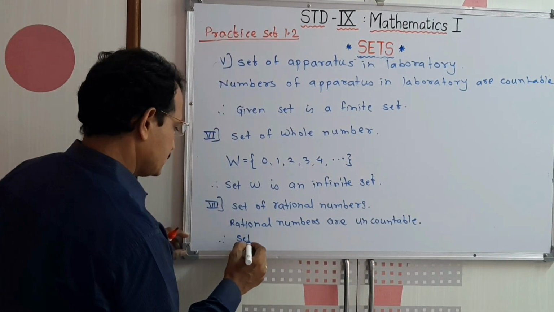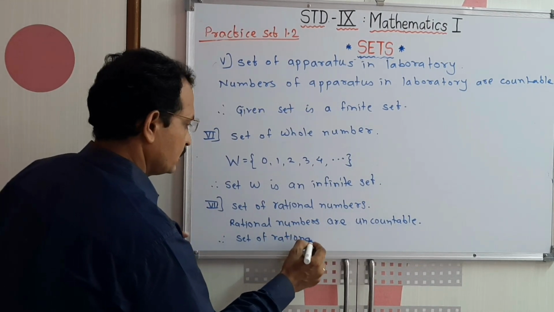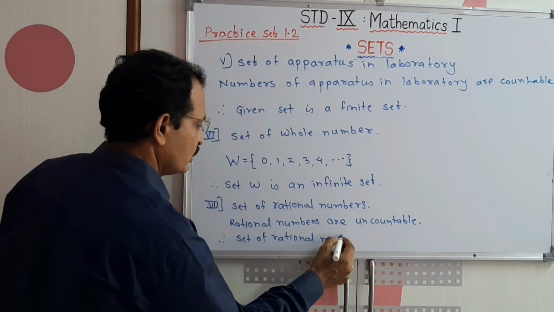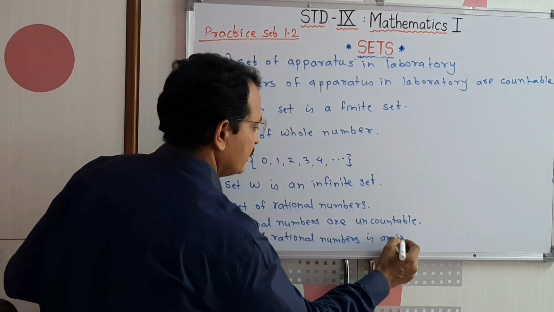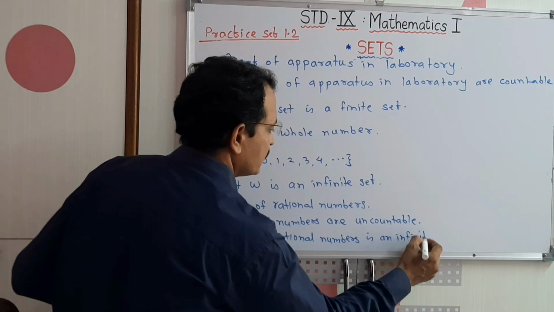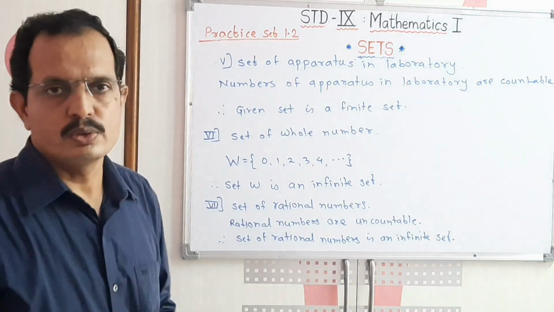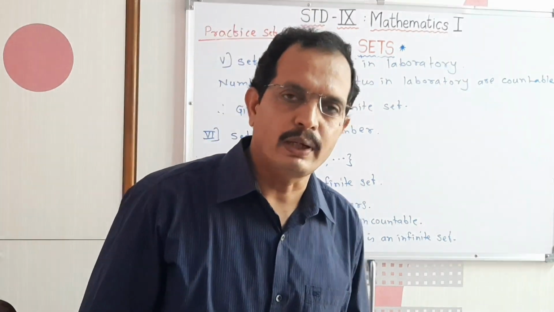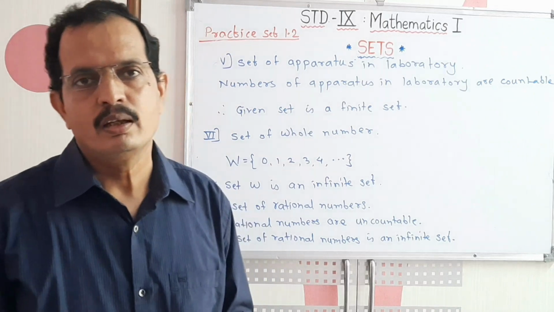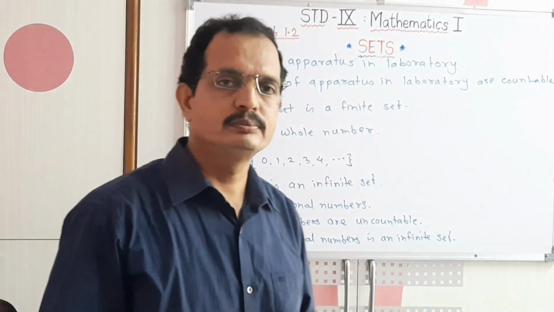Therefore, the set of rational numbers is an infinite set. Dear students, I hope everyone understood practice set 1.2. Write down all these sums in your notebook. Thank you.